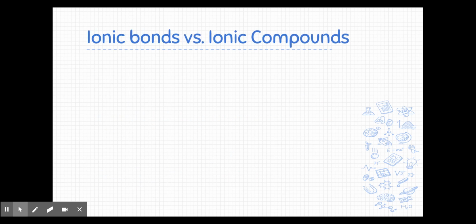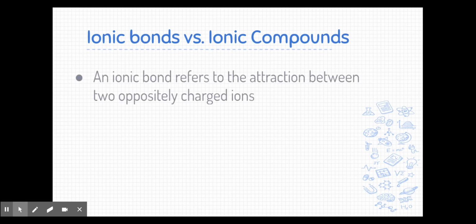Now, you'll see already that I've used two different terms which are not exactly the same thing, ionic bonds and ionic compounds. So let's compare those first. When we use the term ionic bond, that is referring specifically to that electrostatic attraction between oppositely charged ions. Positive ion, negative ion, attracted to each other.